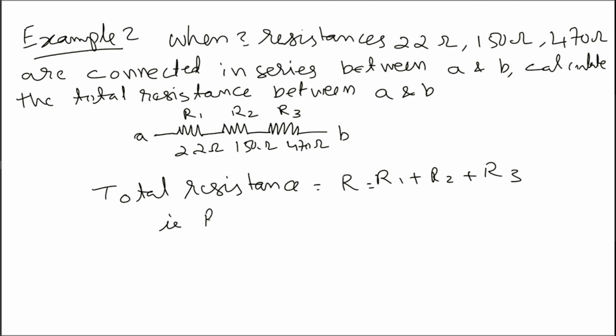That is, resistance between A and B is equal to 22 plus 150 plus 470, which gives 642 ohm.